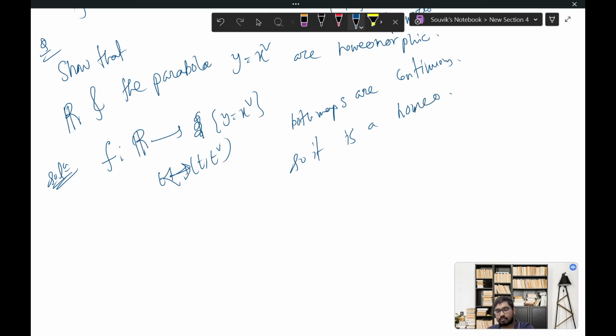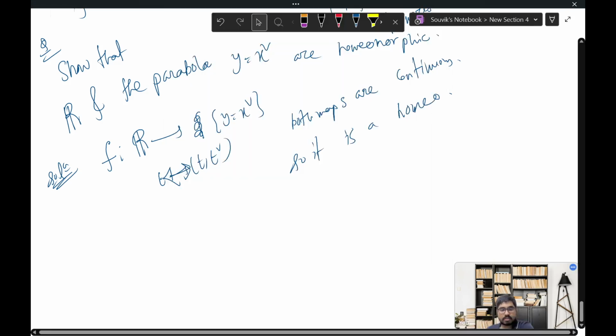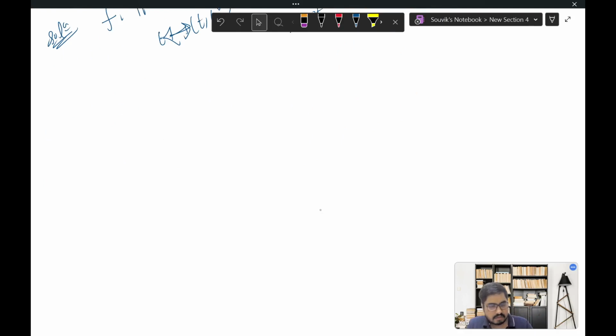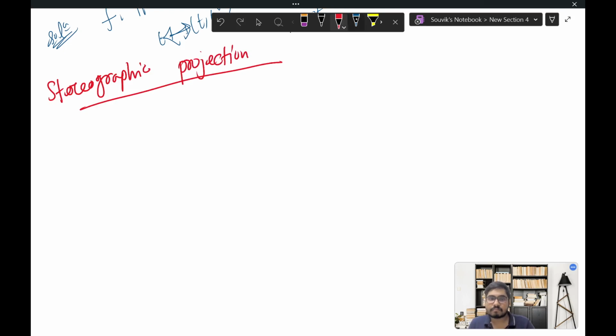I think I should mention something else, the stereographic projection.